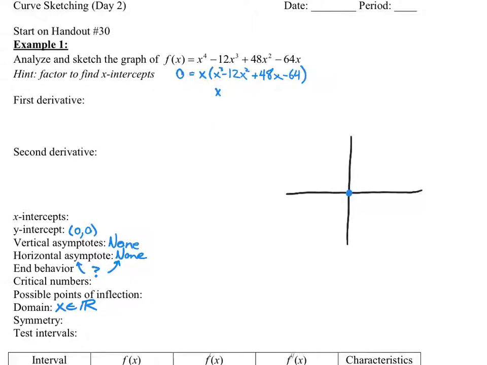Right? Yeah, x cubed minus 64, because that's 4 cubed. And then we'll put the minus 12x squared plus 48x together.